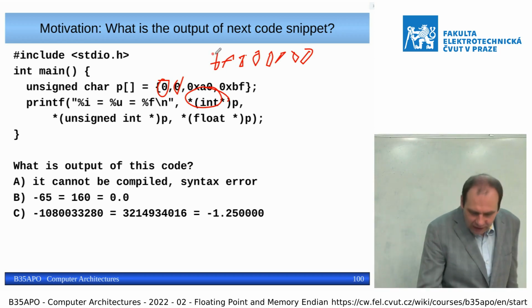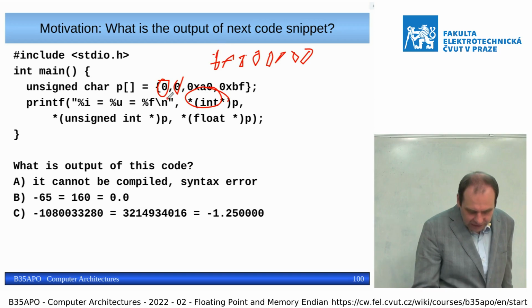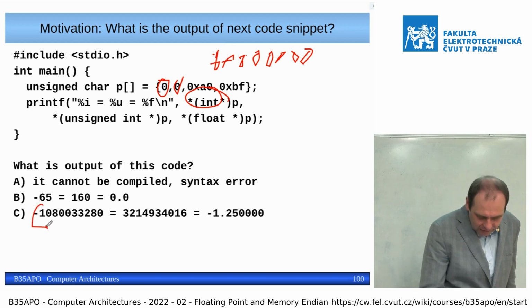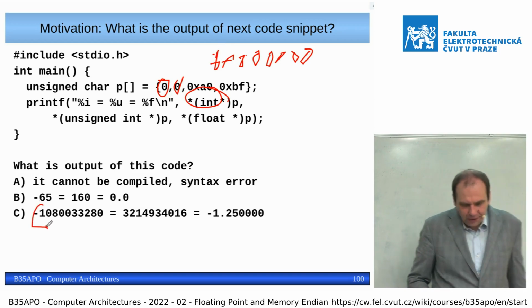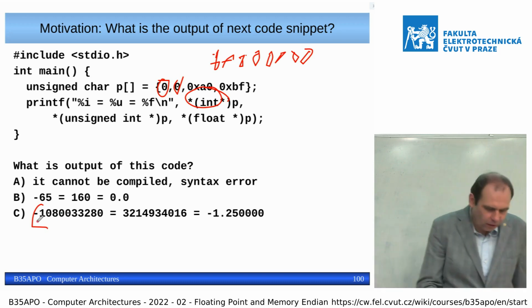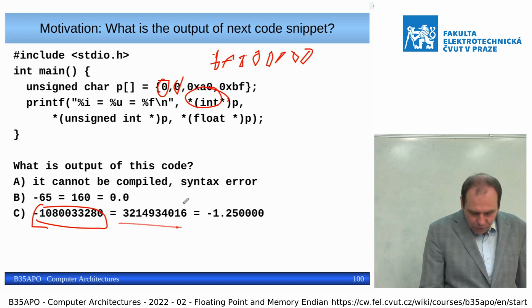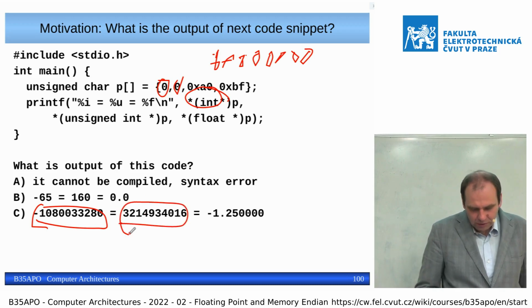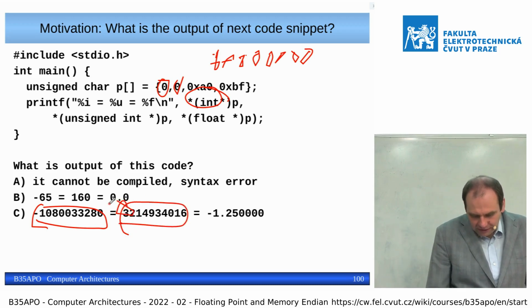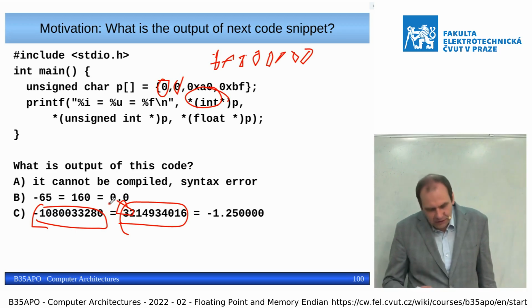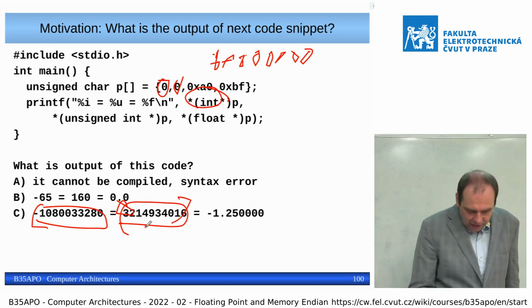So it is, as you can see, the most significant bit is set. If you interpret it as an integer, you get some negative number. If you interpret it as an unsigned number, you get some number near 4 billion, which is the maximum.